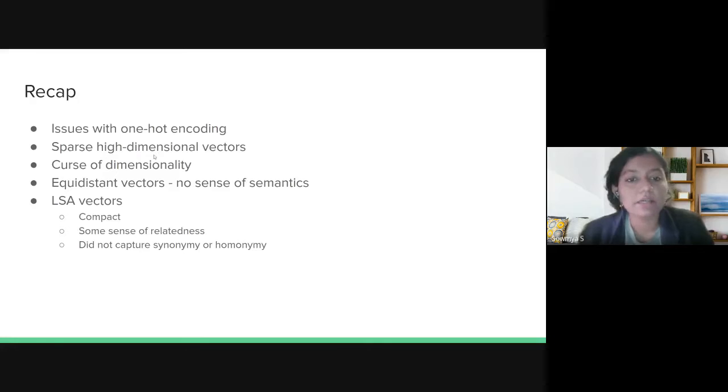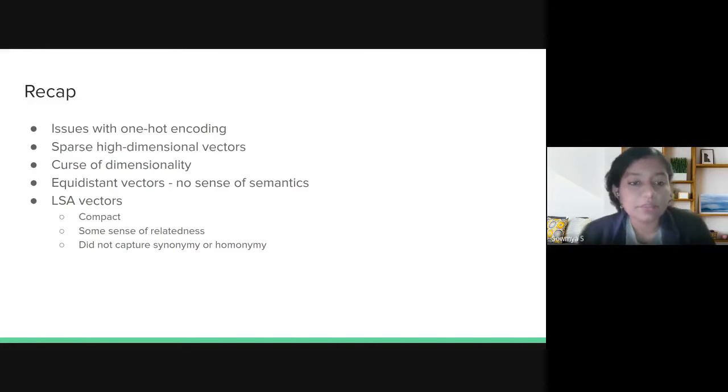And then we saw that all these vectors were equidistant, because only one position is going to be 1, so it's going to be like 0, 1, 0, 1, 0, 0. All the vectors have the same magnitude and are equidistant, so it does not capture meaningful semantic information.